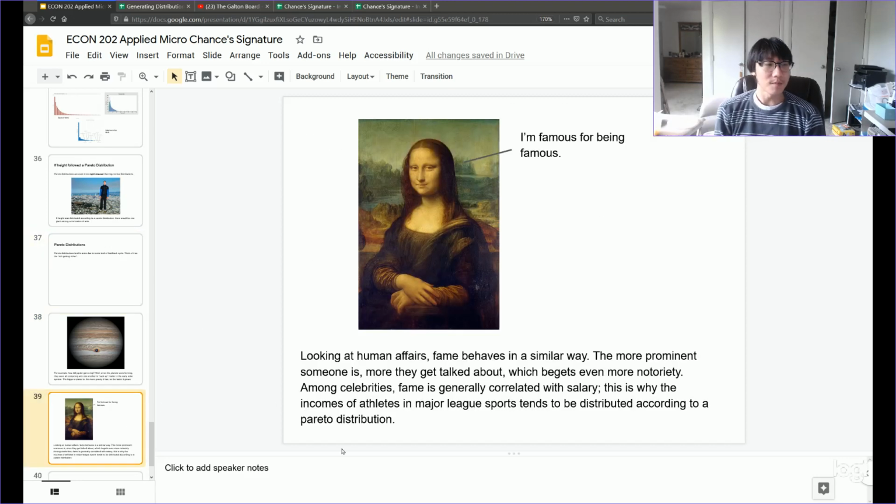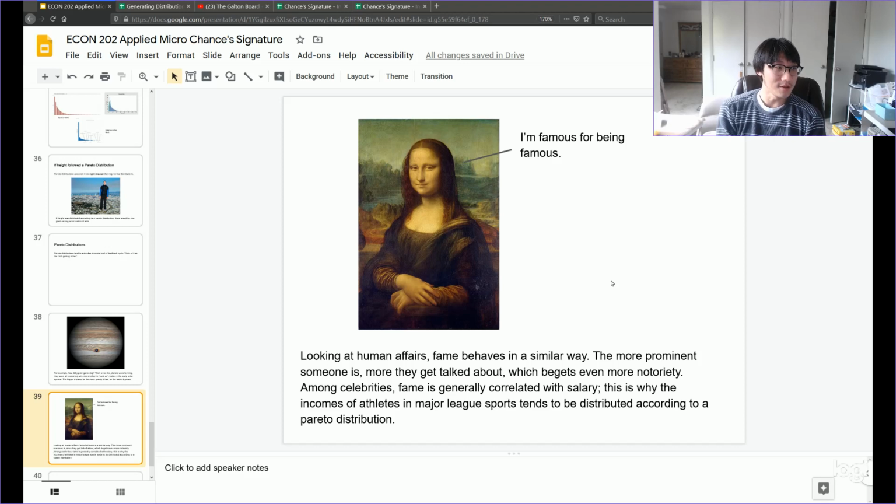Now, if you look at human affairs, fame very much behaves in the same way, right? If you're not famous, it's hard to get famous. But once you are famous, it's kind of easy to acquire even more fame because, well, you're already famous, right? So for example, probably the most well-known example is the Mona Lisa, probably the most famous painting of all time.